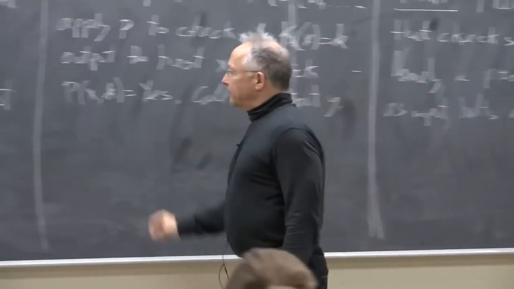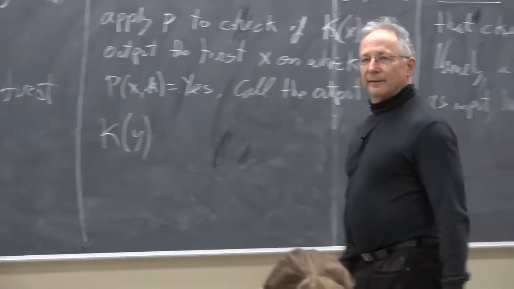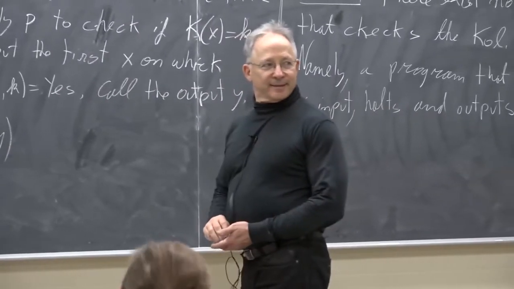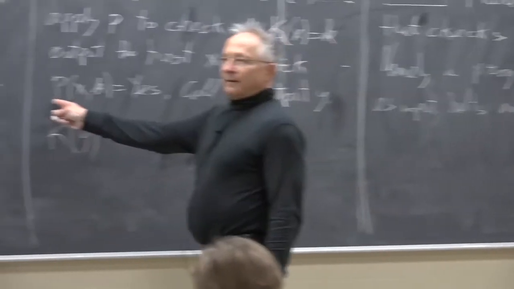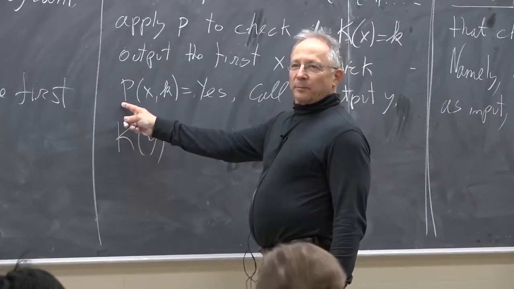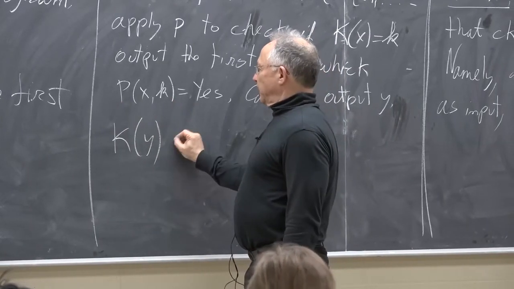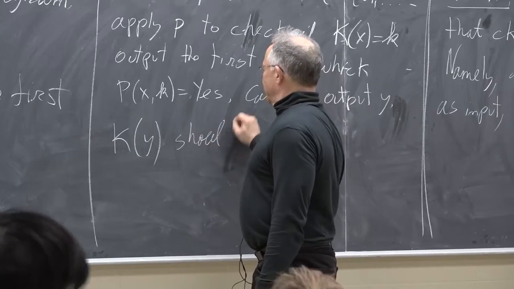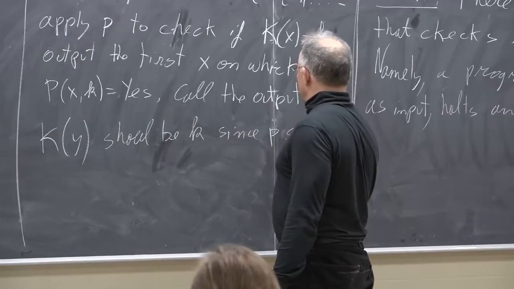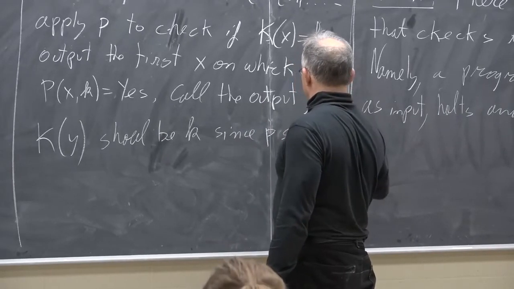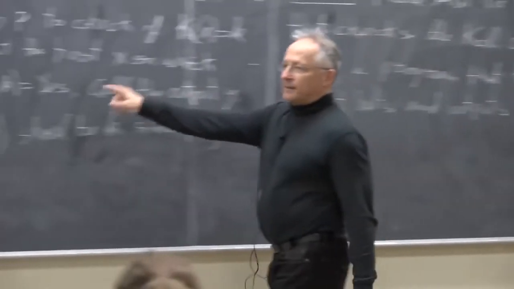What is the Kolmogorov complexity of y? What does the program P tell me? The program P tells me its Kolmogorov complexity is k. It should be k, since P says so. The program P checks, and it's the first one on which it says yes.